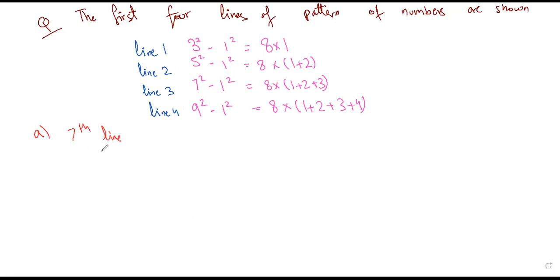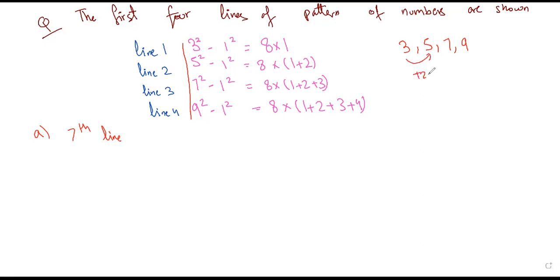Okay. Now for the 7th line, we need to understand one thing, that if this is the sequence 3, 5, 7, 9, there's a relationship between all these values.